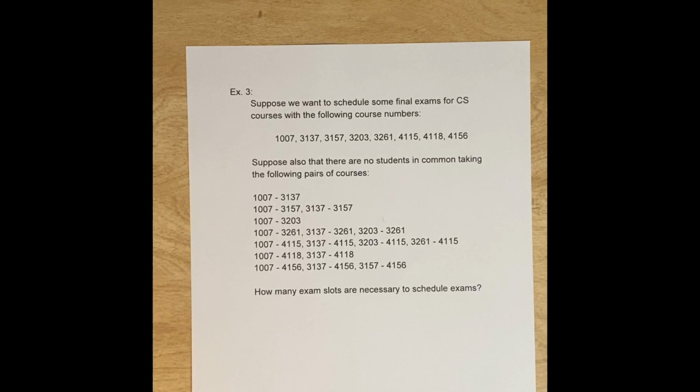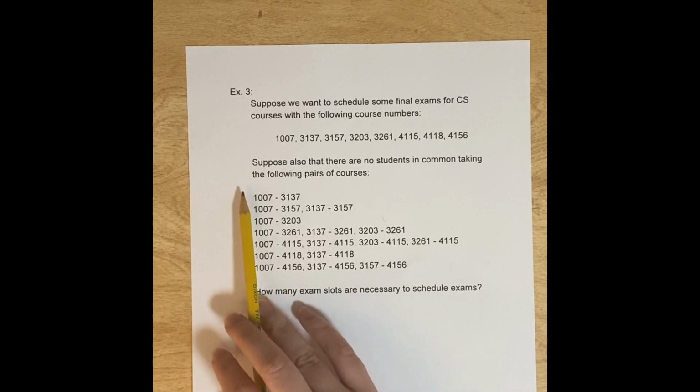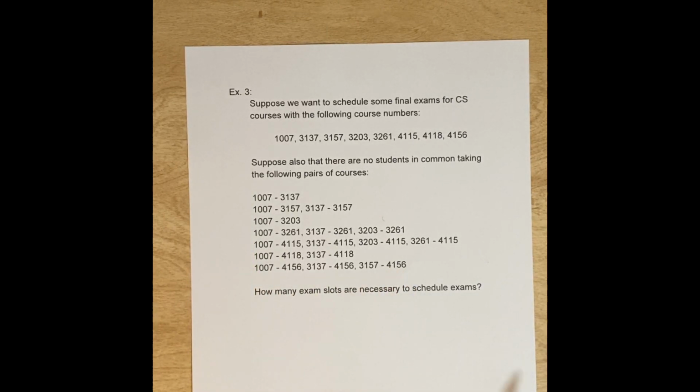Now suppose also that there are no students in common taking the following pairs of courses, as listed here. And we want to know how many exam slots are necessary to schedule the exams.